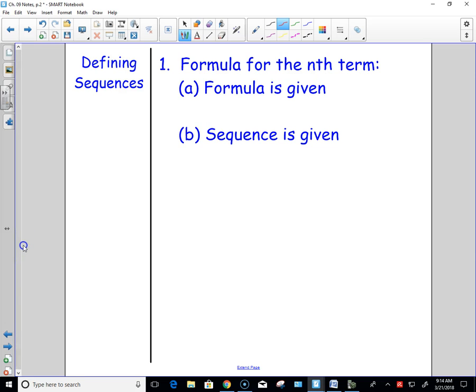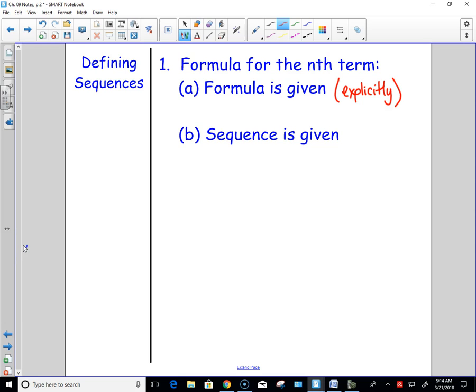The way you just saw, we would technically say that the sequence is given to you explicitly.